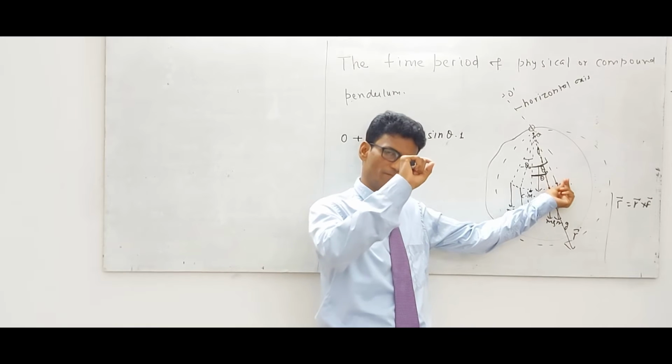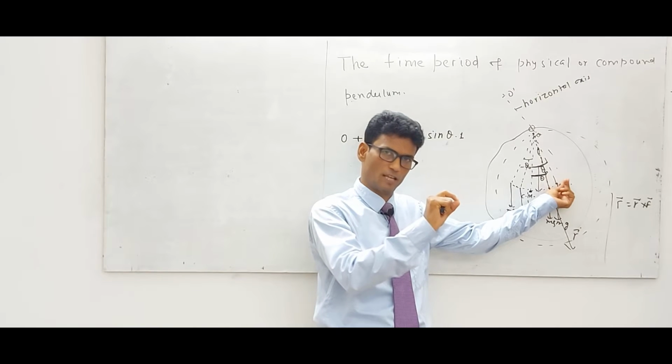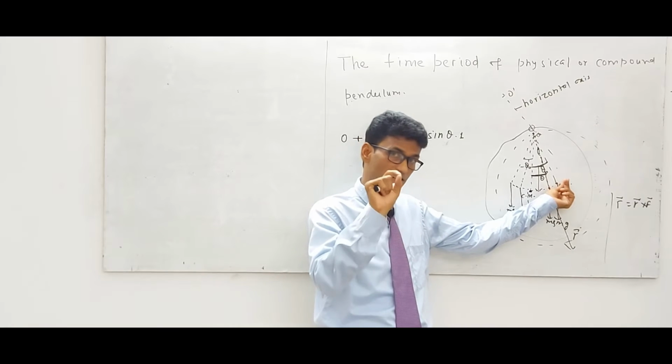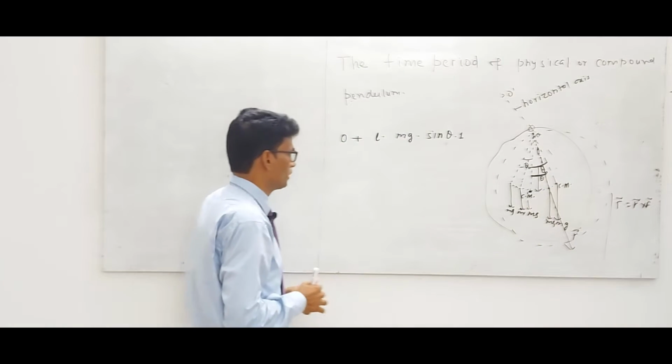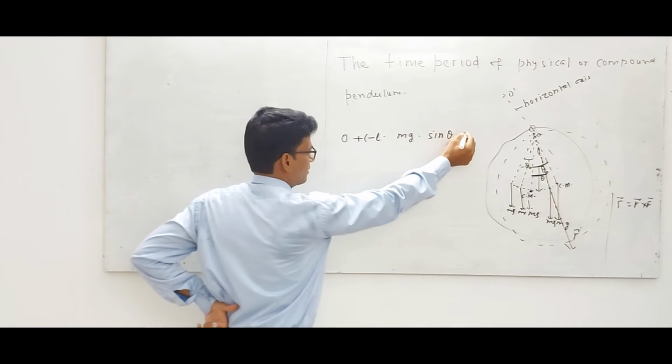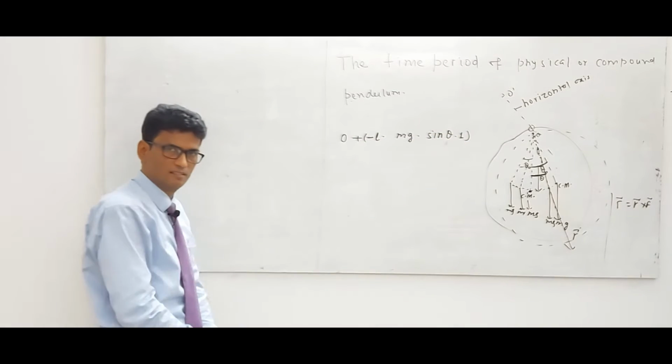Once we leave it, it tries to come towards the vertical. So that is why the torque is restoring in nature. So put a minus sign here. The minus sign only says the torque is restoring in nature.